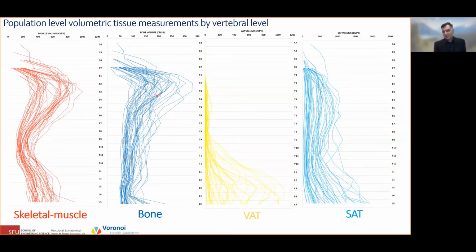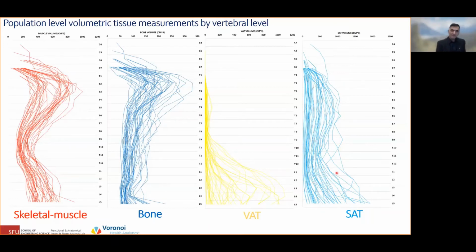This is bone, and again, there's a lot of variability in bone intensity across these individuals. What explains this variability? Underlying health issues, osteoporosis maybe. The visceral abdominal tissue, belly fat, shows lots of variability in different individuals, and then subcutaneous adipose fat as well.